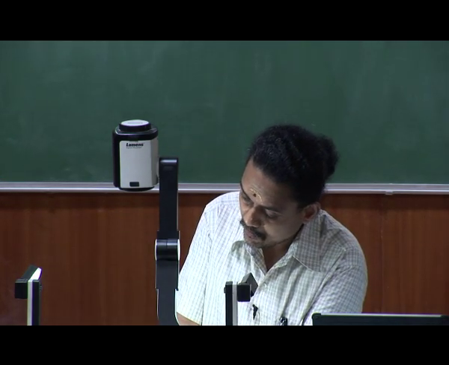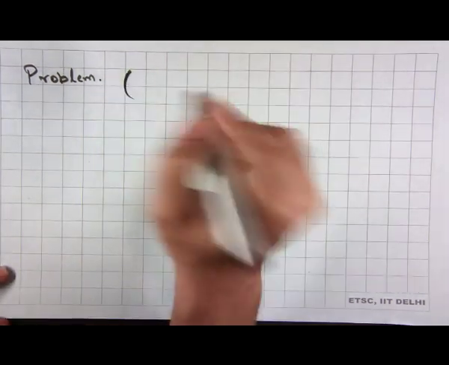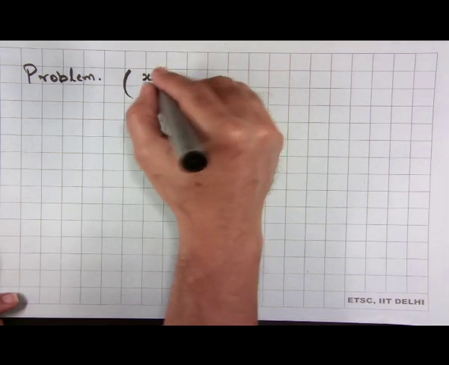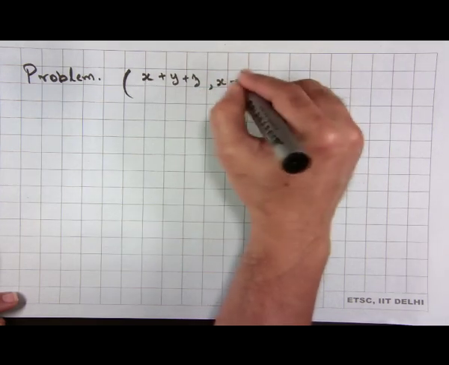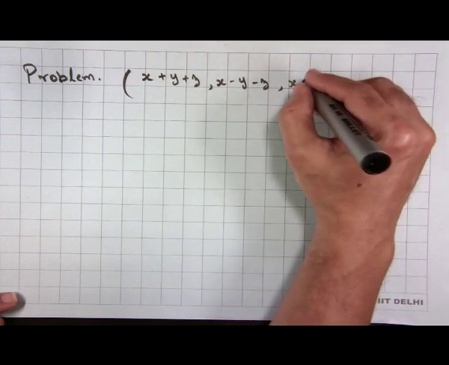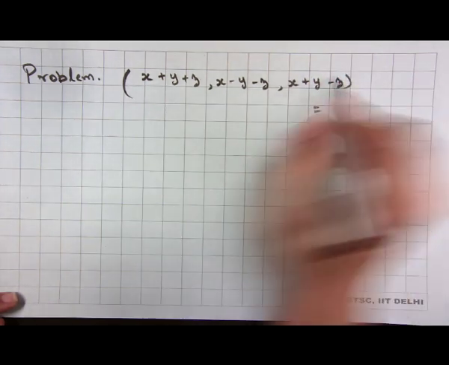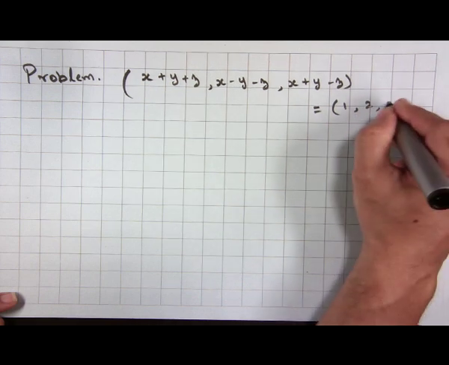Let us do one more problem at this stage. Supposing that we are given (x plus y plus z, x minus y minus z, x plus y minus z) is equal to (1, 2, 3).